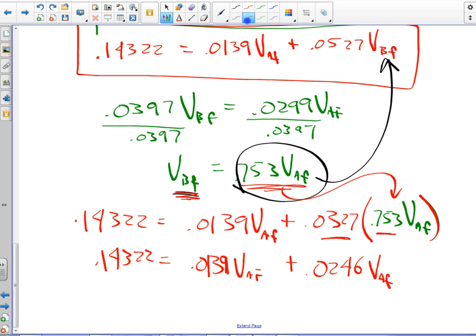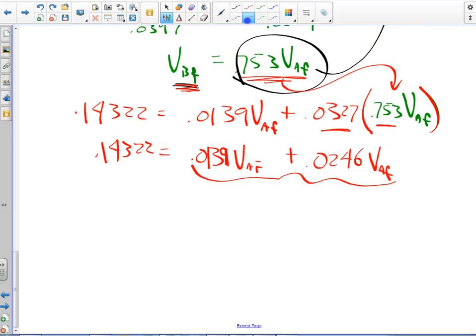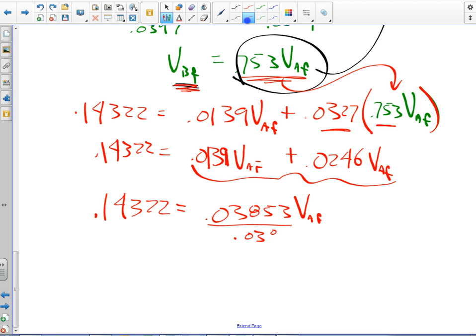0.14322. Now we can combine these two like terms. So I'll have 0.0246 plus 0.0139 and get 0.03853 times VA final is equal to 0.14322. Divide both sides by 0.03853. Yep, that's just ugly.